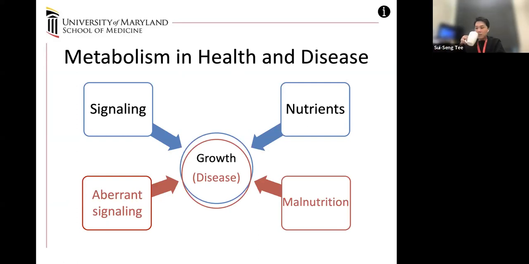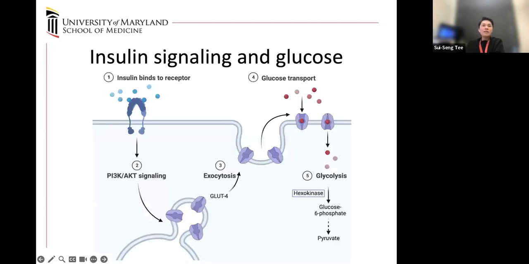My interest has always been to look at how signaling controls metabolism. And in terms of fructose, we actually don't know a lot about this. The classical paradigm of glucose and growth factor control is very well elucidated. We know that insulin binds to a receptor on the cell.